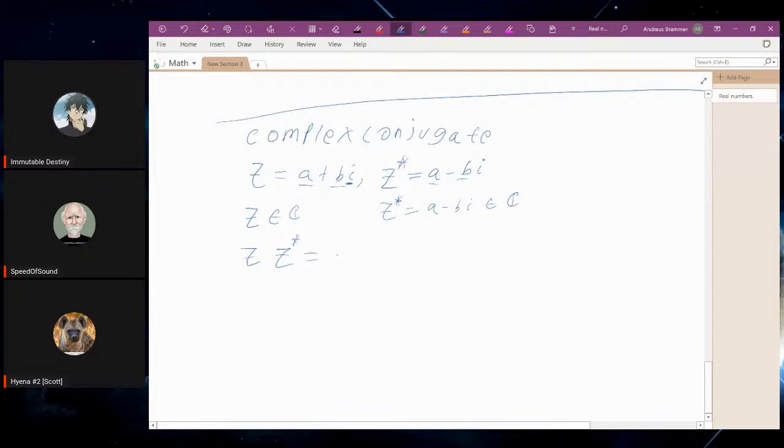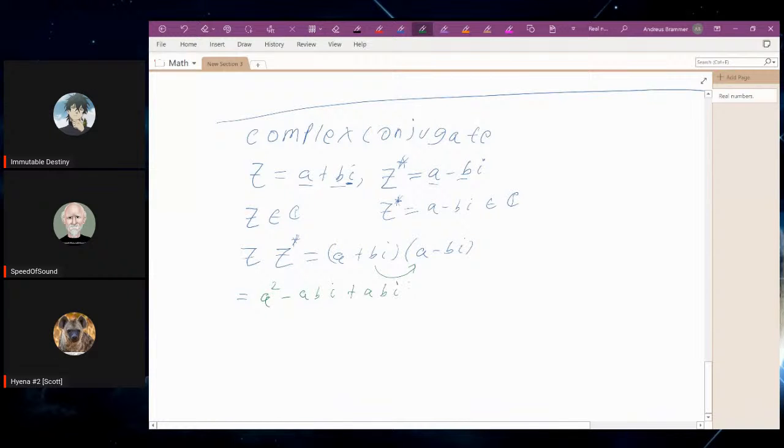Well, that's equal to a plus bi times a minus bi. And this becomes a squared, plus 0, essentially. So minus abi plus abi.